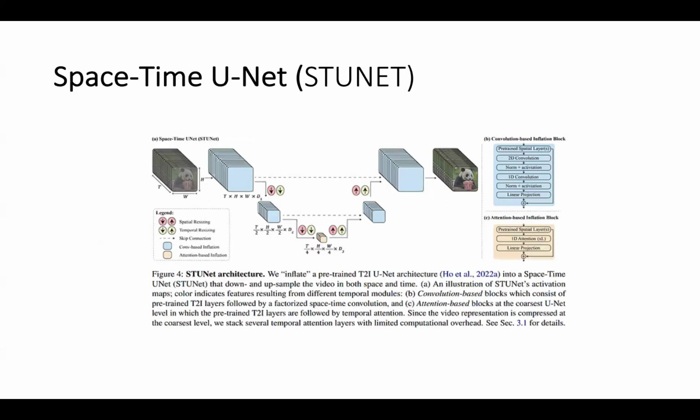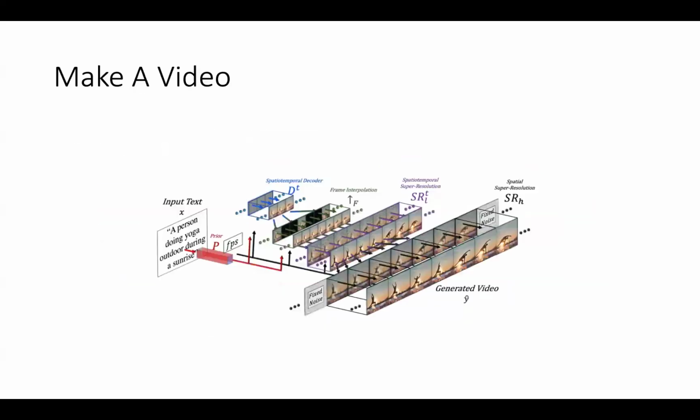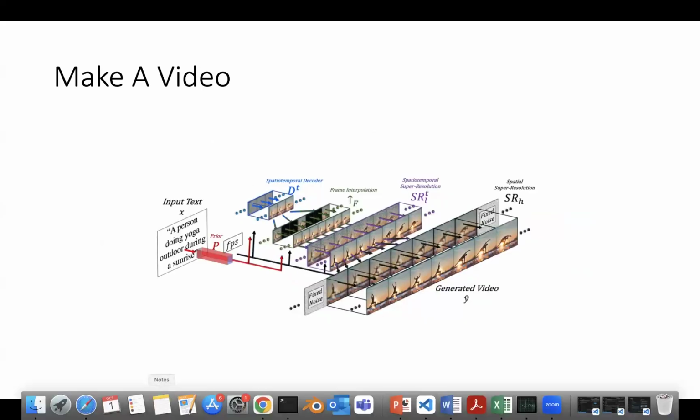Now, when you say less global consistency, do you mean temporal consistency is lacking? Yes, the temporal consistency is lacking, because what we are essentially doing here is merely interpolating, which might or might not predict the actual flow of what has happened. Let's talk about high FPS, where the object is moving very fast.